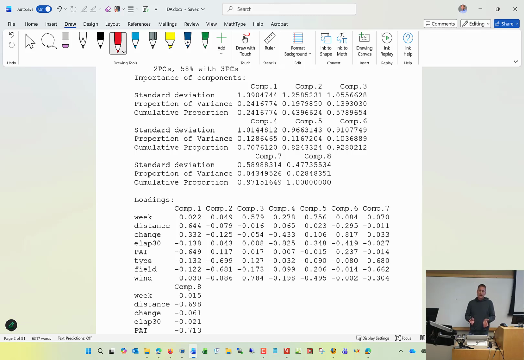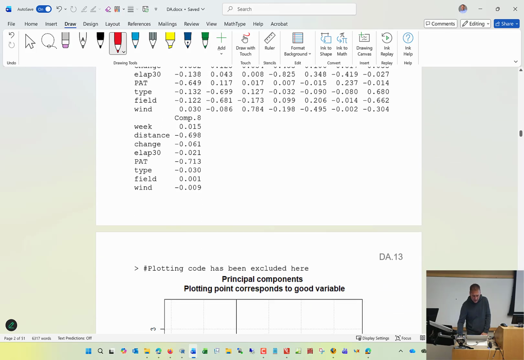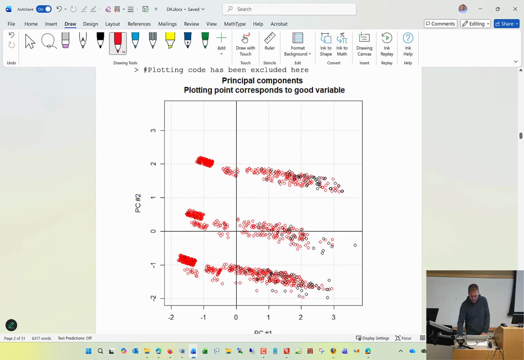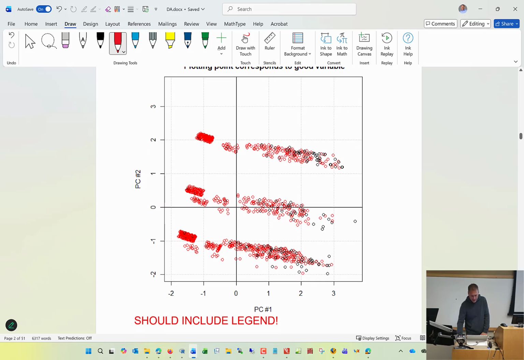Can I still look at 2 or 3 principal components, though? Only? Yeah, you can still look at it graphically. You just have to have in the back of your mind, you might be missing some information. So let's look at 2 and 3 principal components. This is what we get. And notice what I have here in red.